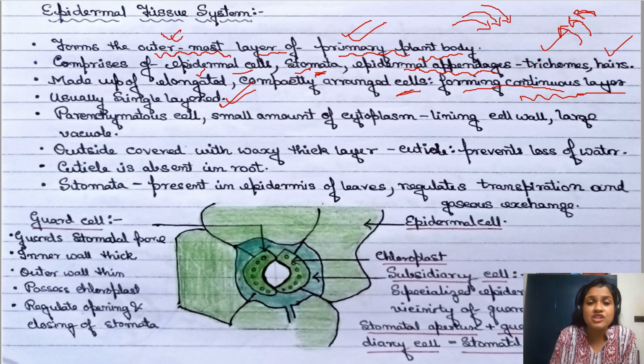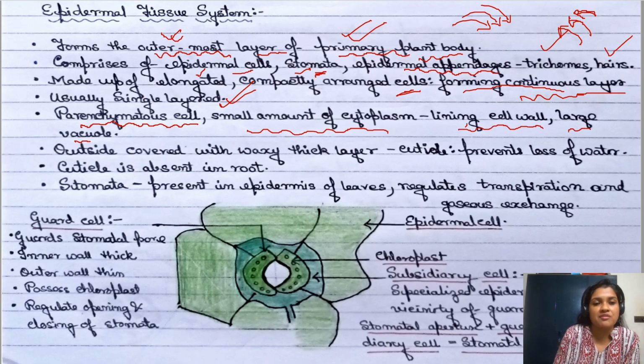layered. And which type of cell forms it? It is mostly formed of parenchymatous cells with a small amount of cytoplasm lining the cell wall, with a large vacuole.